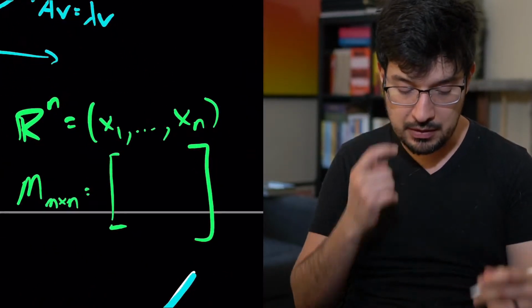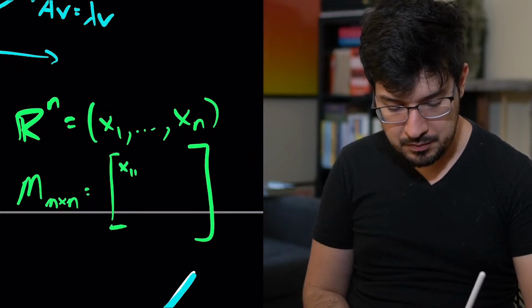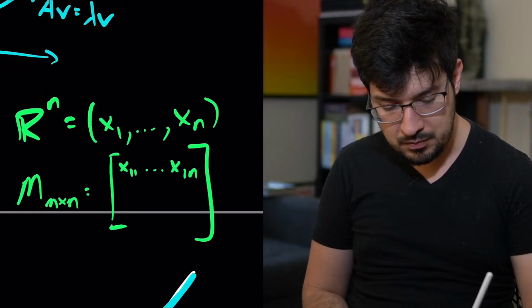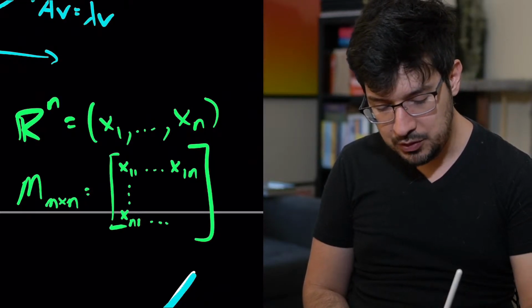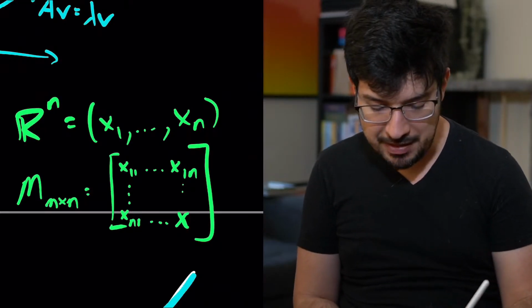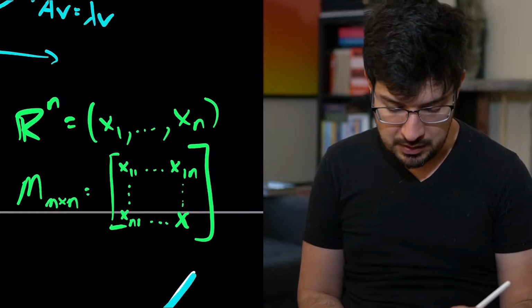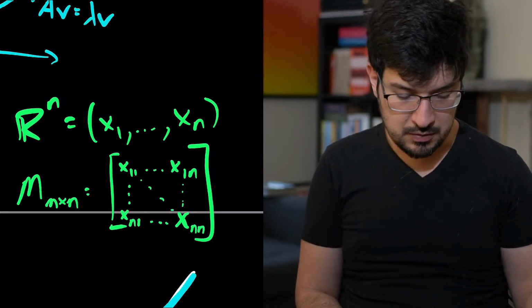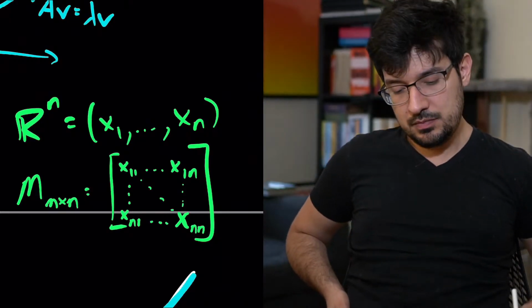So it's a double list. So a matrix is like a double vector or something. It's like a two-dimensional vector. It's a rectangle of numbers.